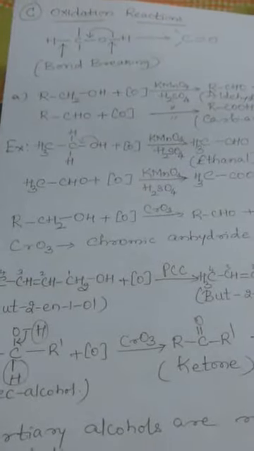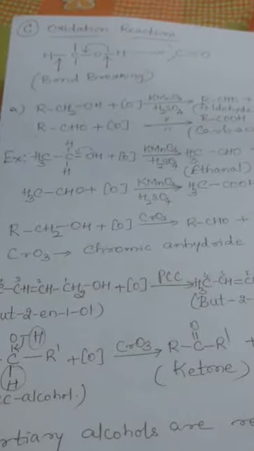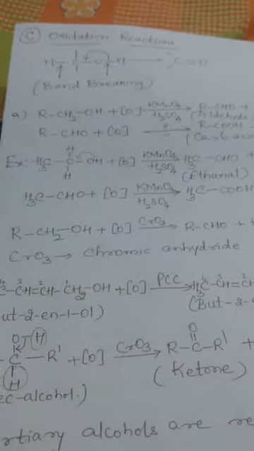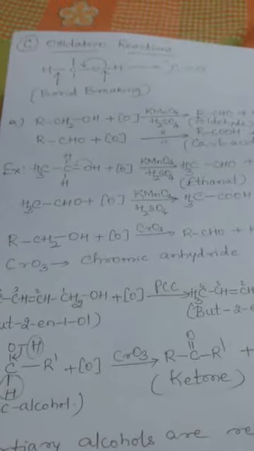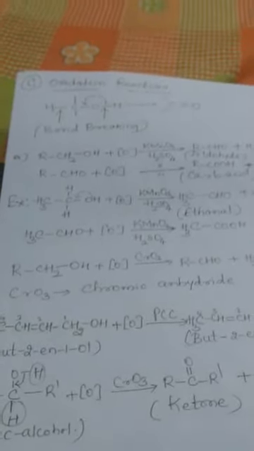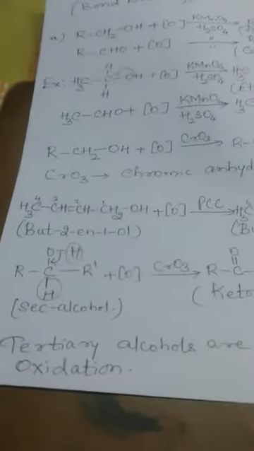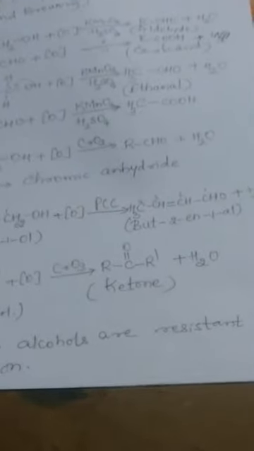However, if you use stronger reaction conditions, in the presence of acidified potassium permanganate and elevated higher temperatures, you will get a mixture of carboxylic acids which have a lesser number of carbon atoms than the corresponding alcohol. So remember, it is very difficult to oxidize the tertiary alcohols.